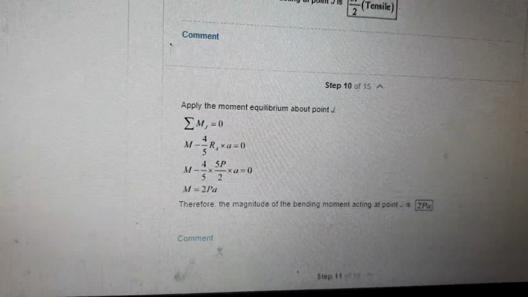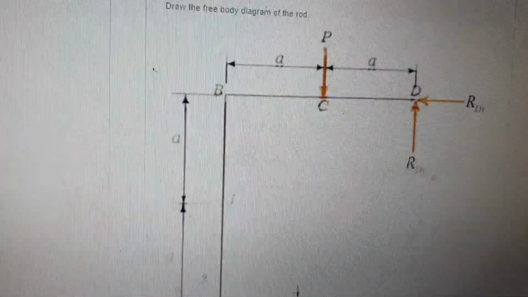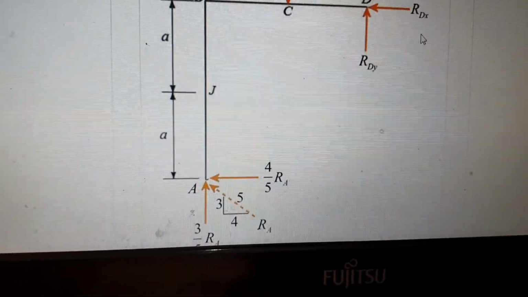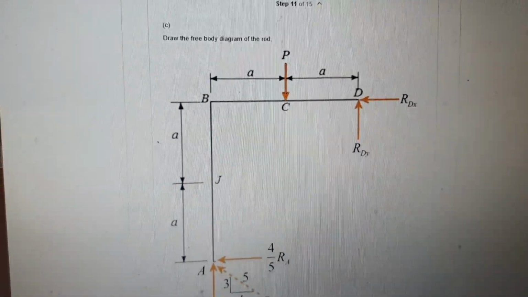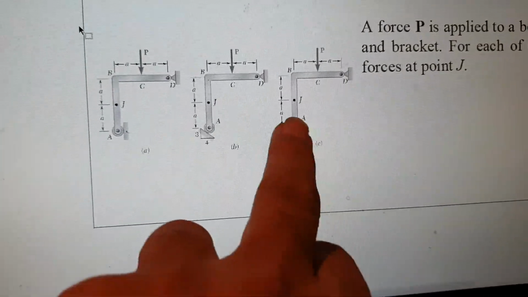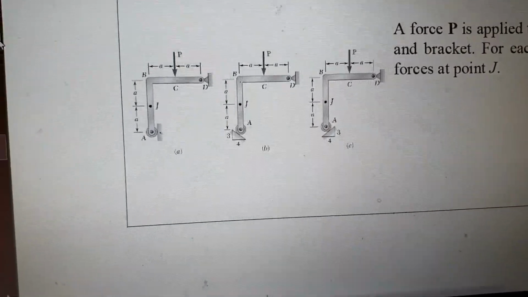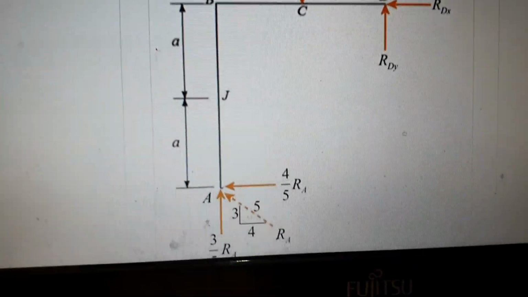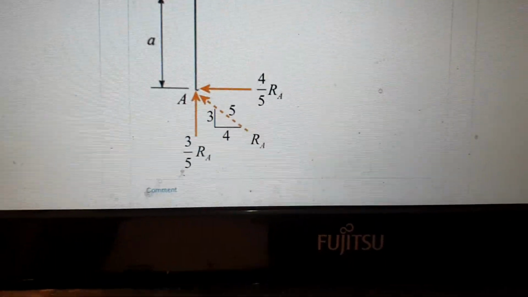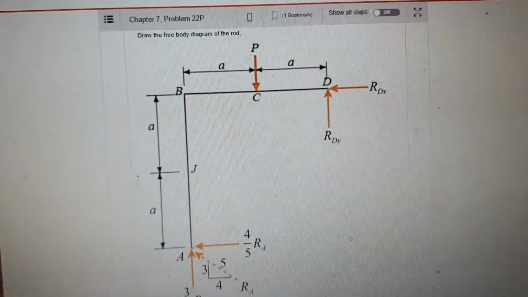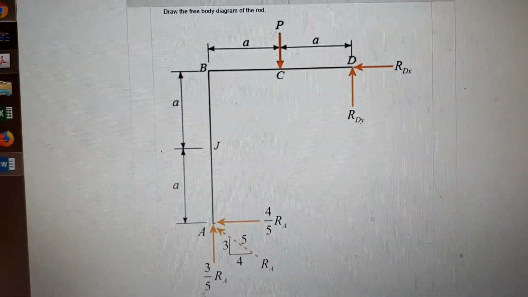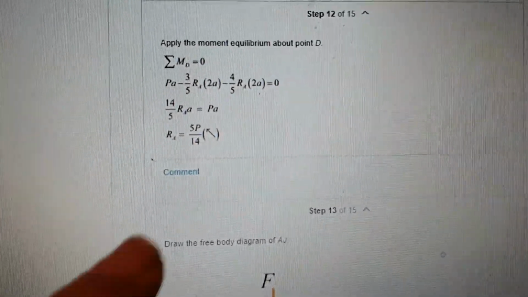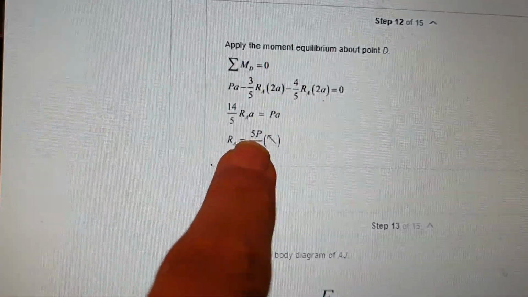And we could do the same thing for the last one. Remember the angles were on this side. So we could apply the same method, 3, 4, and 5. And we could take moment at D to find out RA as a function of P. Summation of moment at D equal to 0, RA is equal to 5P over 14.